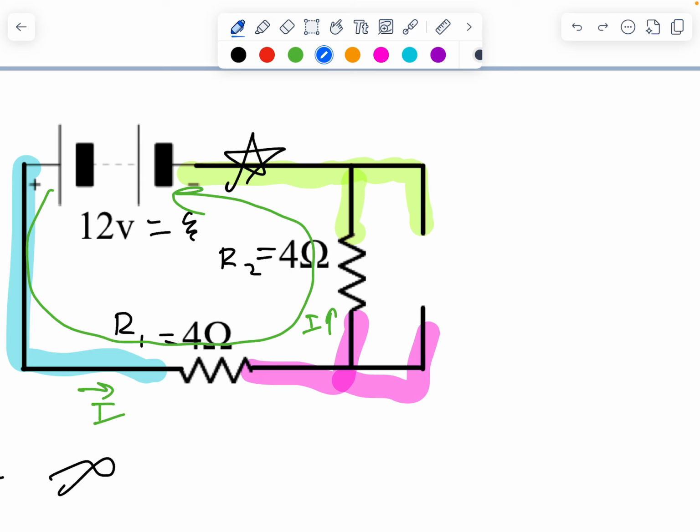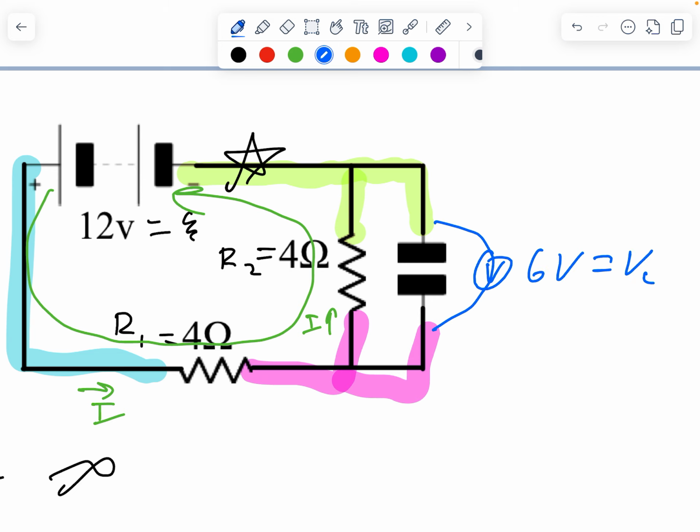But look, I've got a magenta node and I've got a green node. What's hiding behind here is the capacitor, still there, and it's wired in parallel with this 4 ohm resistor. So in this case, if I was going to measure the voltage drop across here, that's still 6 volts. That's the voltage across my capacitor after a long time.